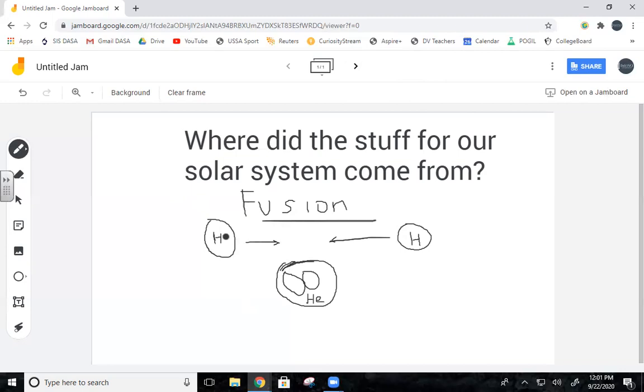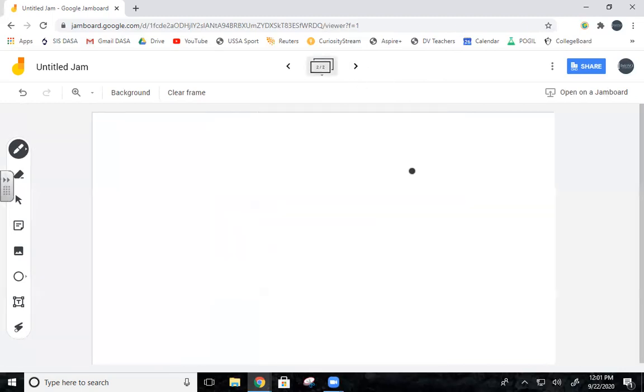So the universe really just started out as hydrogen, and then we got some helium, and you can see the periodic table on the wall over here. Helium can fuse with other hydrogens to make lithium, or helium can fuse with other helium to make beryllium, and so forth and so on.